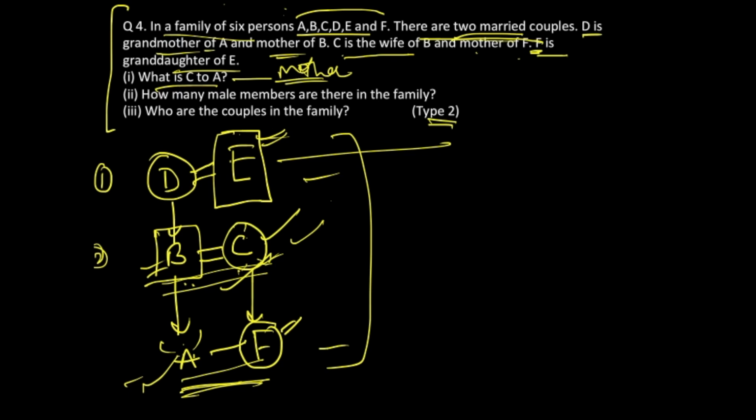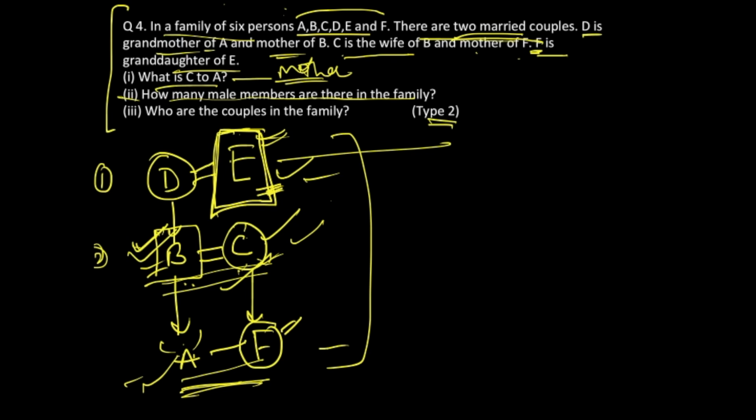Now the second question says that how many male members are there in the family. So we'll find out the number of rectangles, that is this square or rectangle, whatever you can call it, how many of them are being encircled inside one. So E is encircled in a rectangle, so E becomes one particular male member, and we also know that B is a male member, so we know for sure that there are 2 male members in the family.